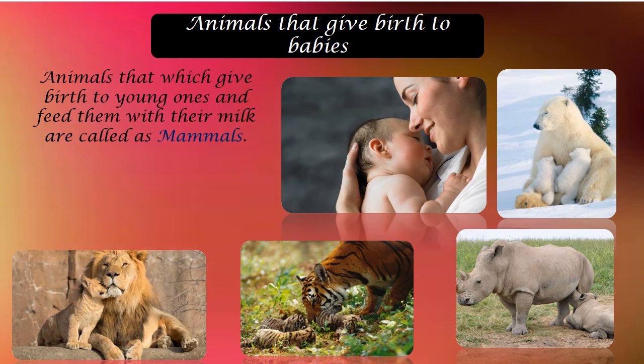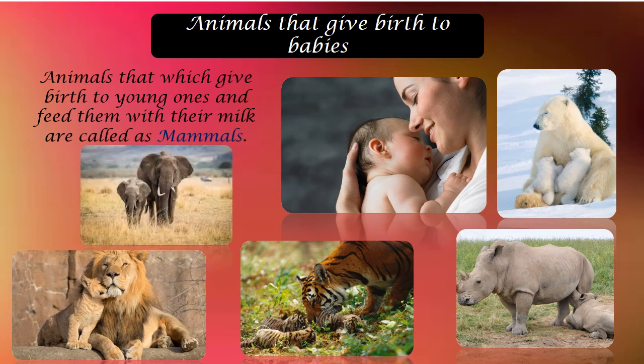The tiny one, the baby, is feeding on the mother for its milk. Even for the elephant, see the calf is here. So every matured one reproduces by giving birth to their young ones, and they feed their young ones with their milk. Okay, so these categories of animals are called mammals.